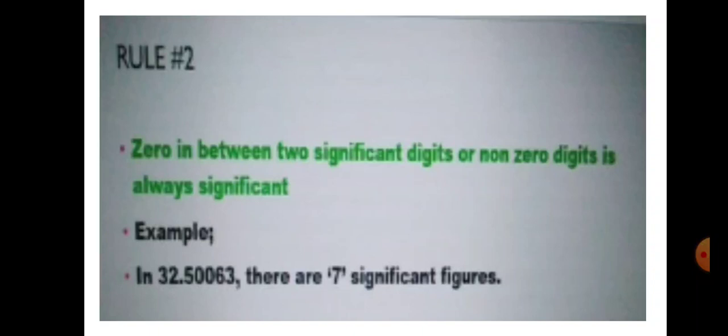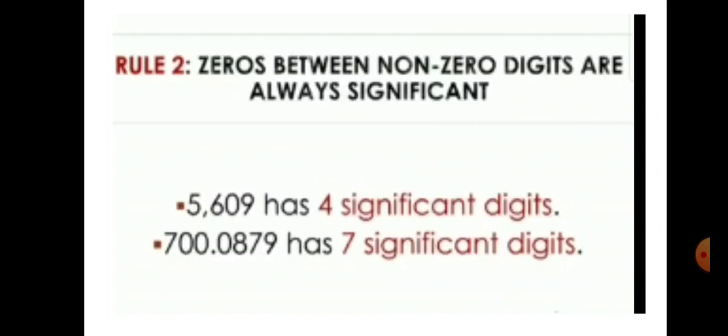So 5 and 6 are non-zero digits, so these zeros are significant. So in this value, if we count, there are 7 significant figures from 3 up to the last 3.